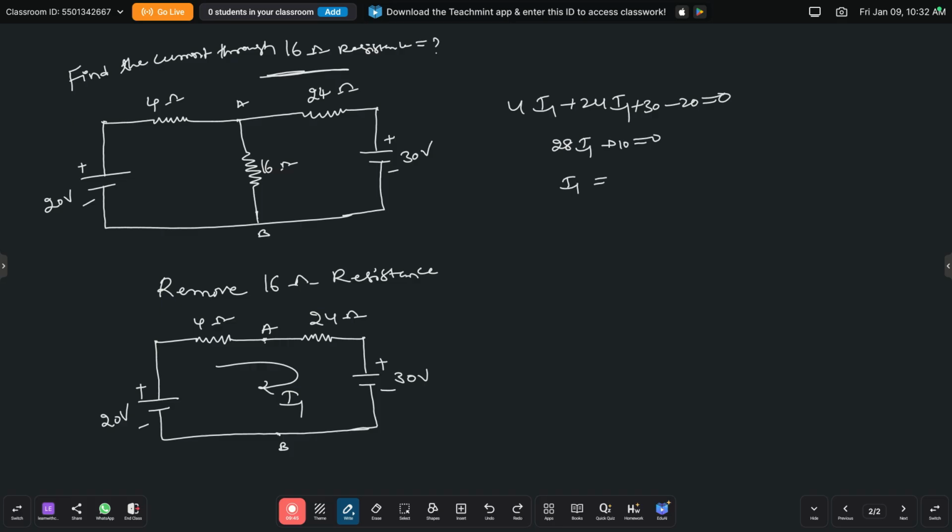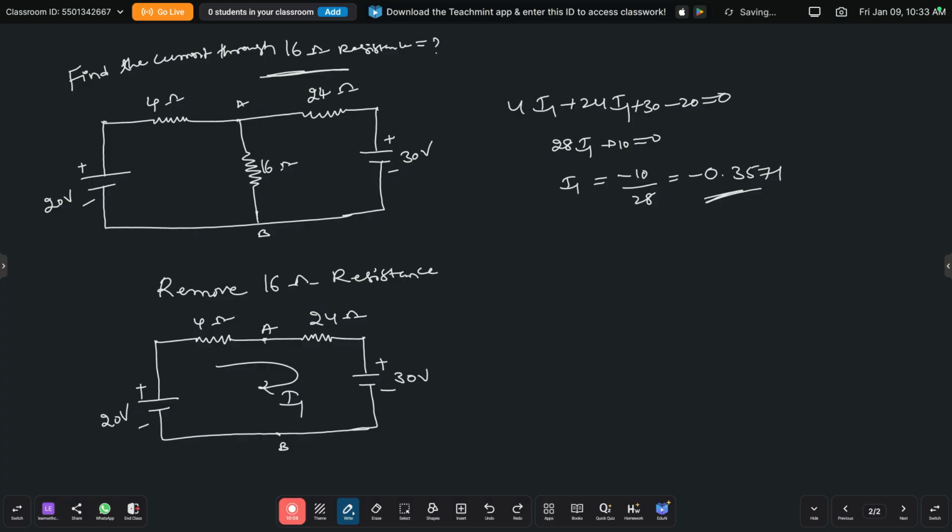Therefore I1 is equal to minus 10 by 28. By calculation, what is the value? Minus 10 by 28 equals minus 0.3571. So that is the current, minus 0.3571.